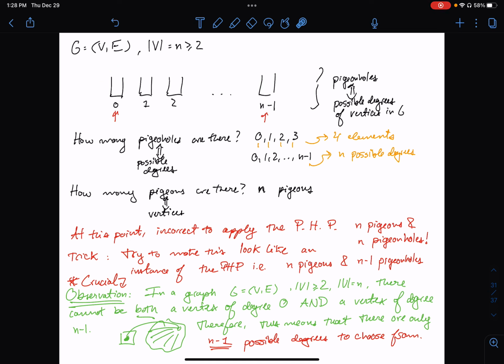Right, I can't have both 0 and n minus 1, okay? And so now that tells me that in fact I only have n minus 1 possible degrees to choose from, or in other words, I only have n minus 1 possible pigeonholes to assign my pigeons to, okay?